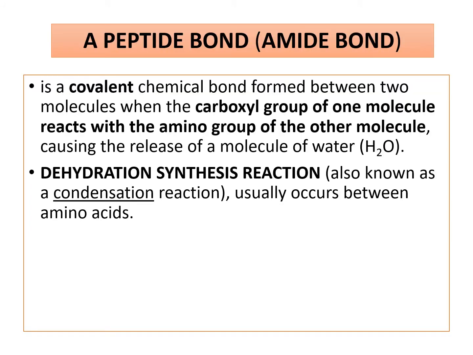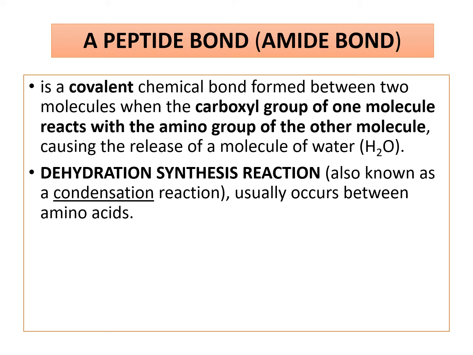Now, the peptide bond is a covalent bond, which I think I've already mentioned in the review video on chemical bonding. A peptide bond is a covalent chemical bond formed between two molecules when the carboxyl group of one molecule reacts with the amino group of the other molecule, causing the release of a water molecule.